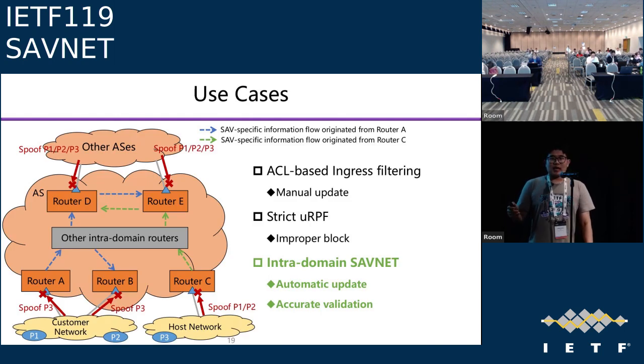We then revise the use cases in the updated version to show that intra-domain SAVNET can achieve automatic updates and accurate validation, while existing intra-domain SAV solutions such as ingress filtering or strict URPF may need manual update or have improper block problems.